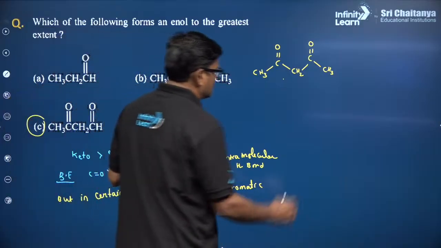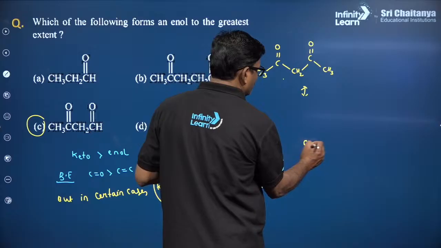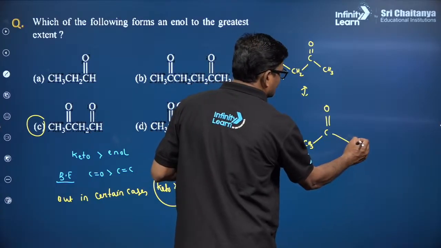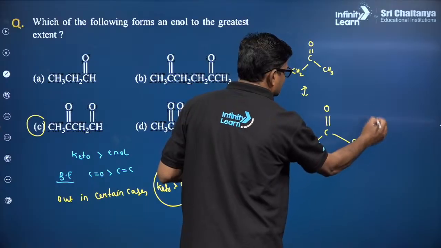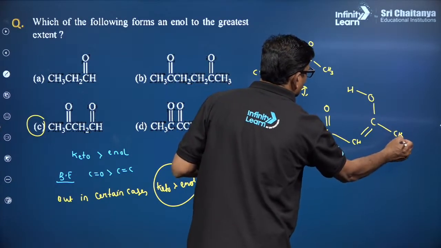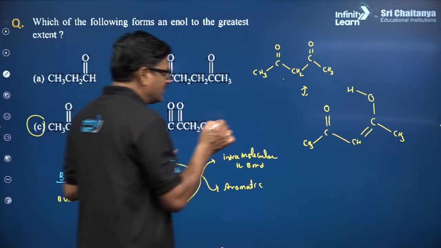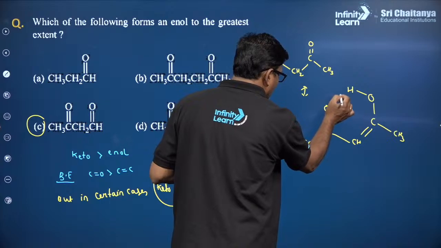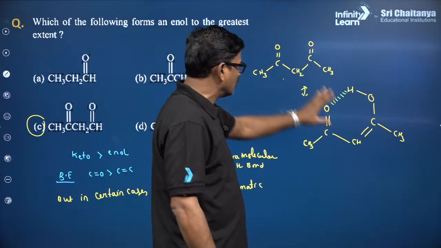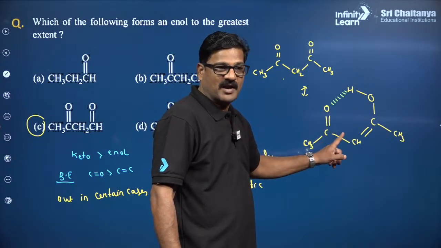So I am going to get, I will write it here, the keto-enol form: CH3, C double bond O, CH, double bond C, O, H, CH3. Between these two, there is intramolecular hydrogen bonding. Because of that intramolecular hydrogen bonding, this was a keto and became enol, and the enol form is stabilized.